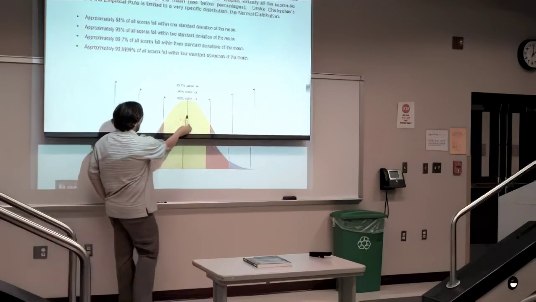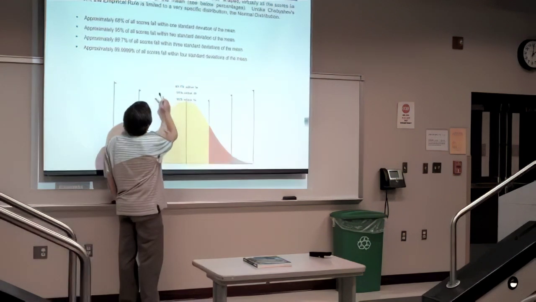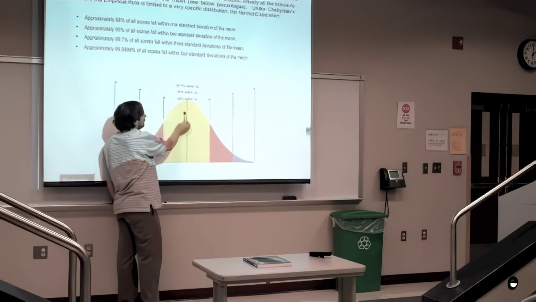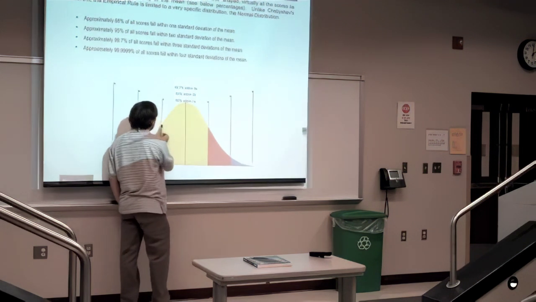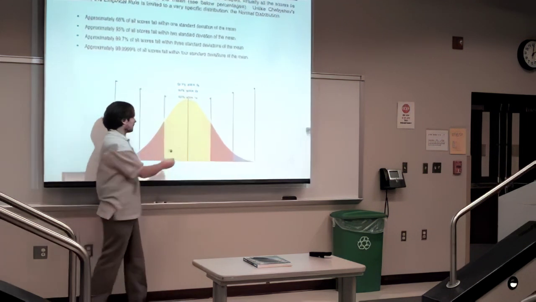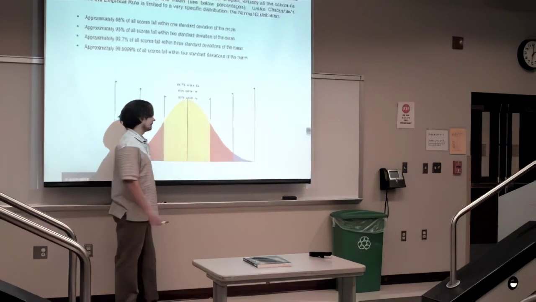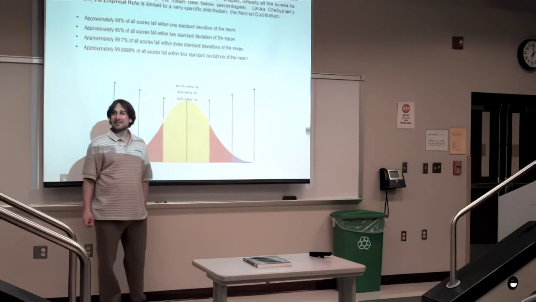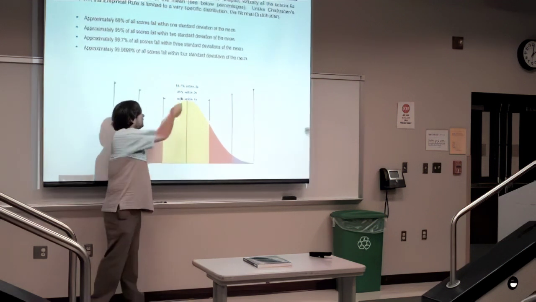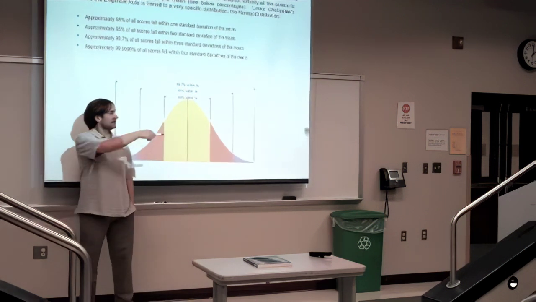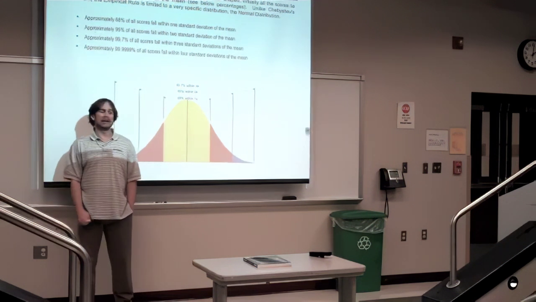So this is 10. The empirical rule says 68% of the scores will fall between plus and minus 1 standard deviation. So 10 plus 2 is 12, minus 2 is 8. So between 8 and 12, there's a 68% chance that between 8 and 12 people are going to walk by your door.